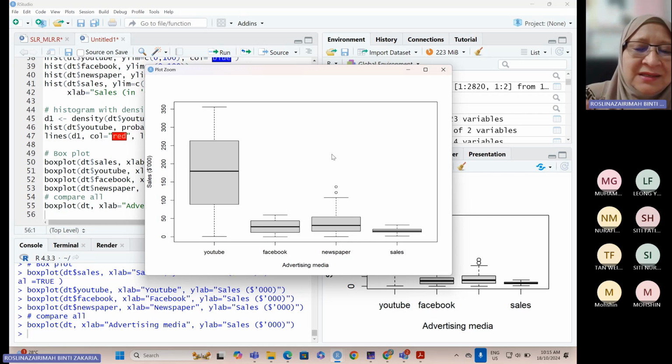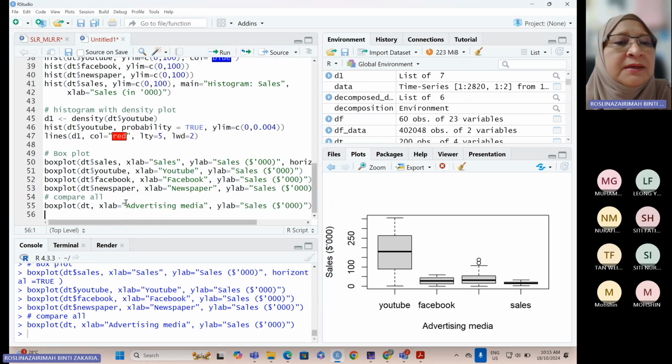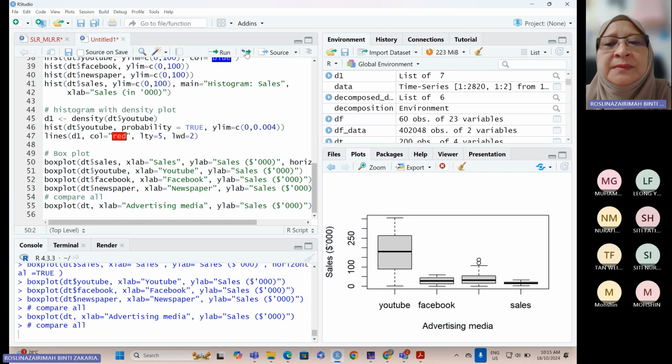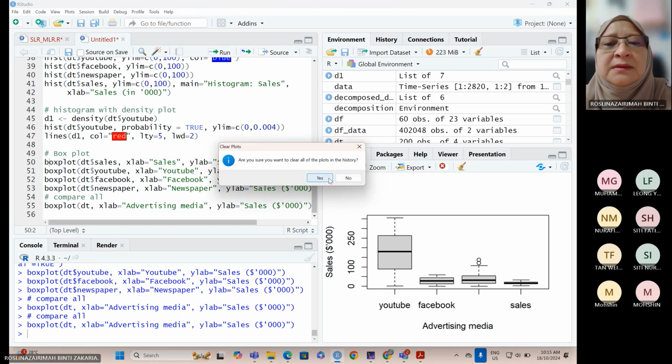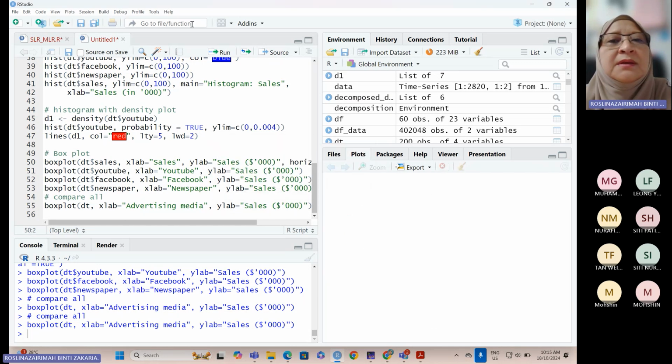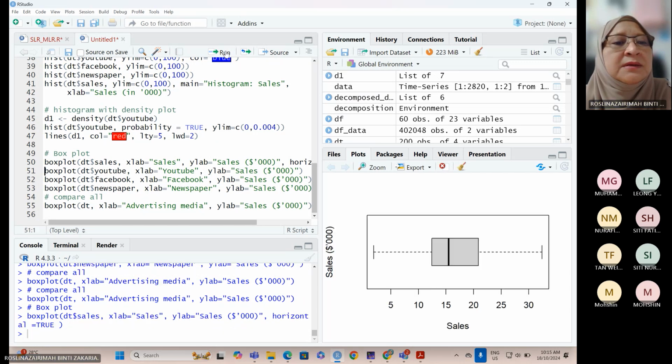You can see the distribution of your data in one go. So this box plot, if I take one just to explain, let me run that one.